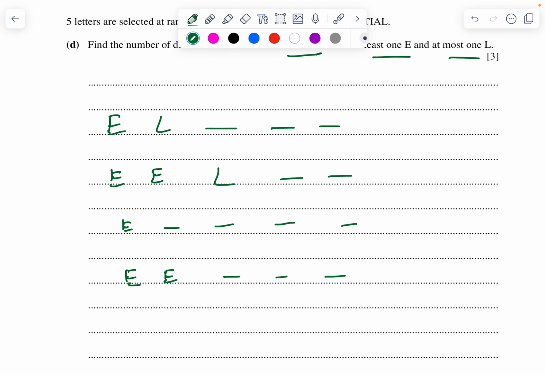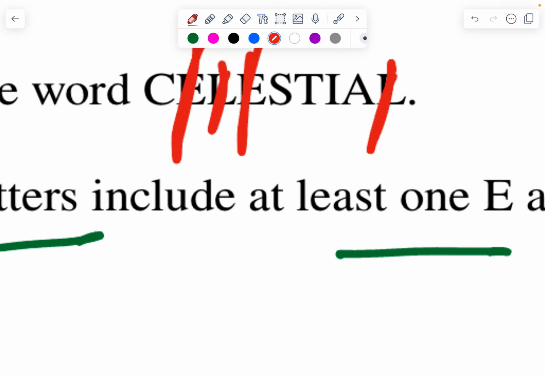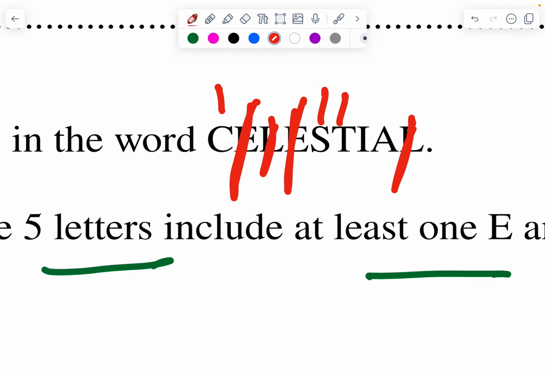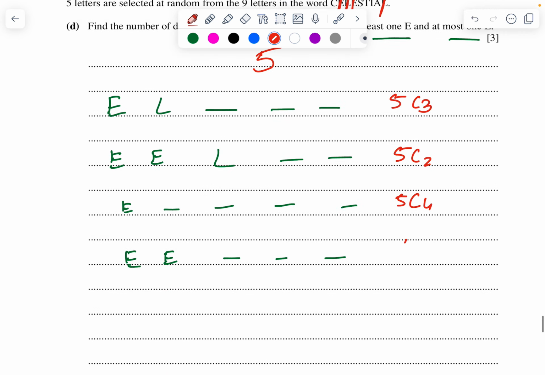Again, I'm left over with E gone, E gone, L gone, L gone. So I'm left over with nothing but 5, 1, 2, 3, 4, 5. 5 are left over every time. So 5C3, this is 5C2, this is 5C4, and this is 5C3, which is going to be 10, 10, 5, and 10. So the total answer is 35. That's going to be the answer.